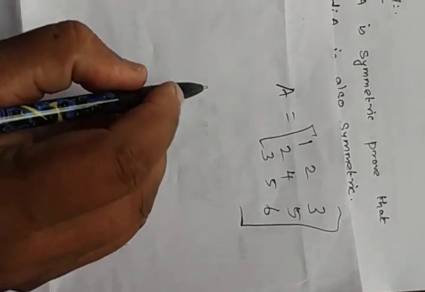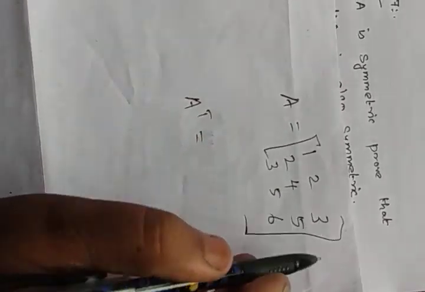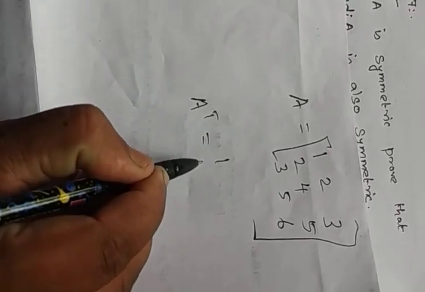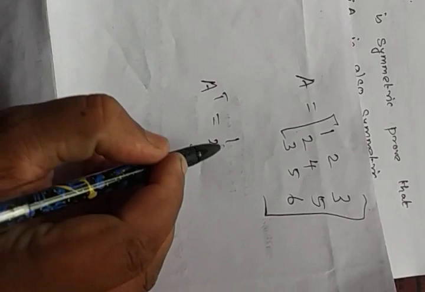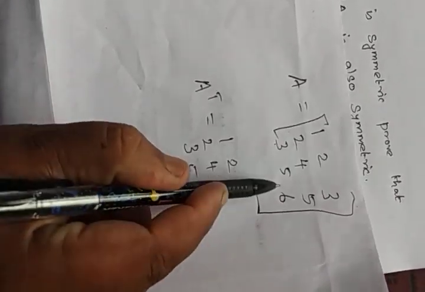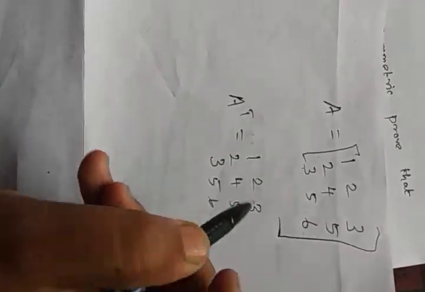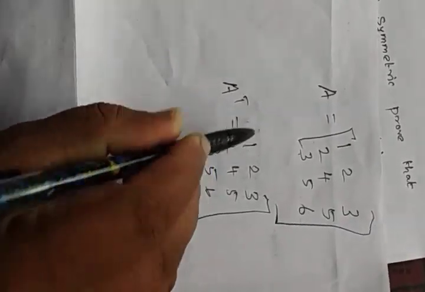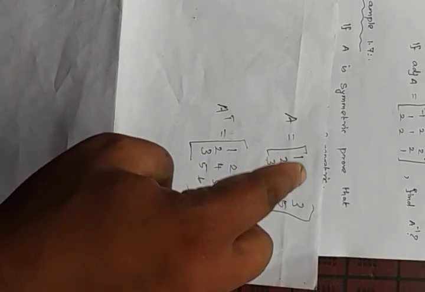For this matrix, if you take the transpose, 1, 2, 3 which is a row I write as a column. Then next we have 2, 4, 5, which I write here. Next we have 3, 5, 6, so I write 3, 5, 6. I have taken rows and written them as columns.